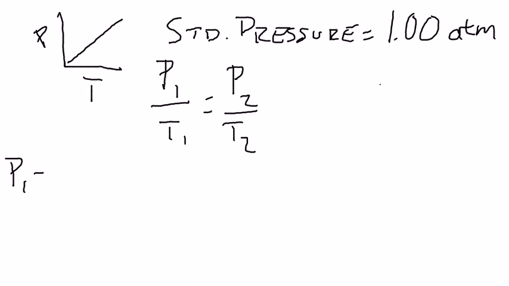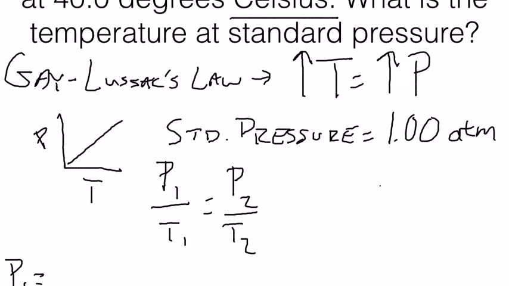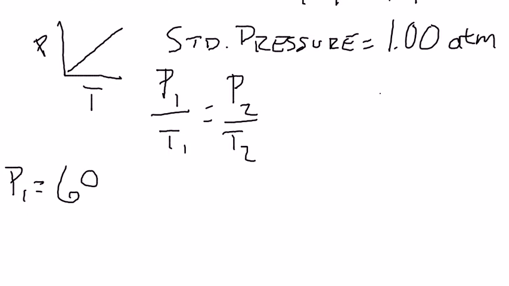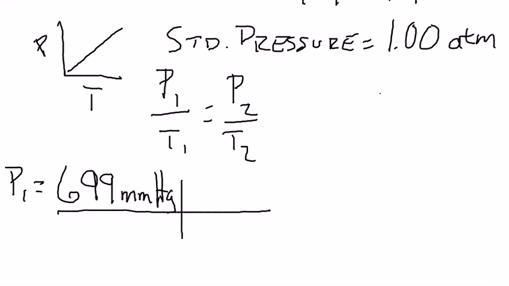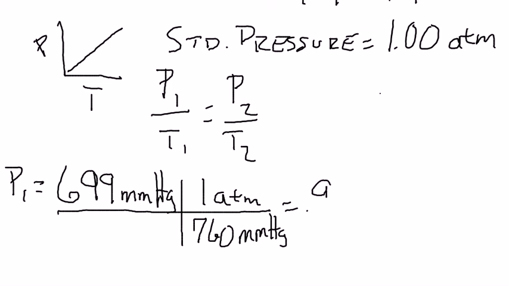P1 is equal to 699 millimeters mercury divided by 760 millimeters mercury in 1 atmosphere. So 699 divided by 760 gives you 0.92 atmospheres. And so 0.92 is going to represent our P1.